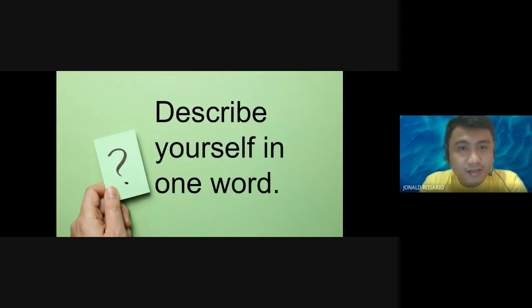Unique, what else? Kind, and simple, strong. What else? Okay, so unique, kind, simple, strong. Sino pa? Siguro yung iba nag-iisip pa, no?